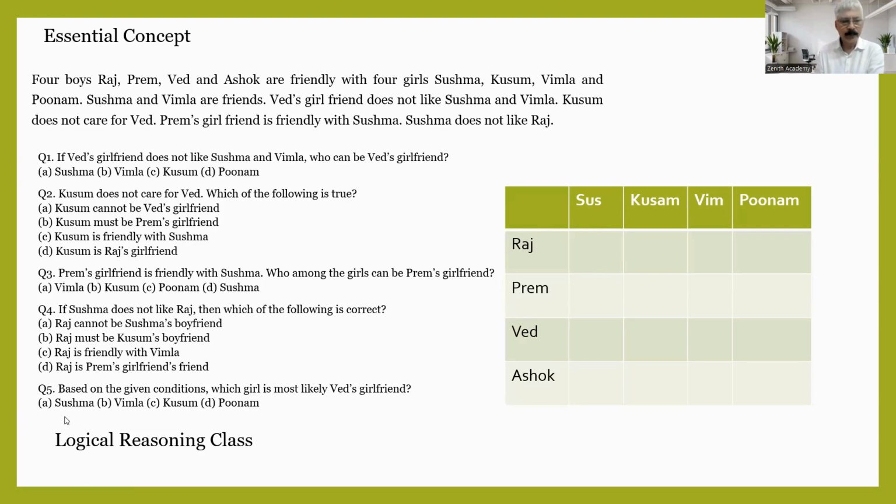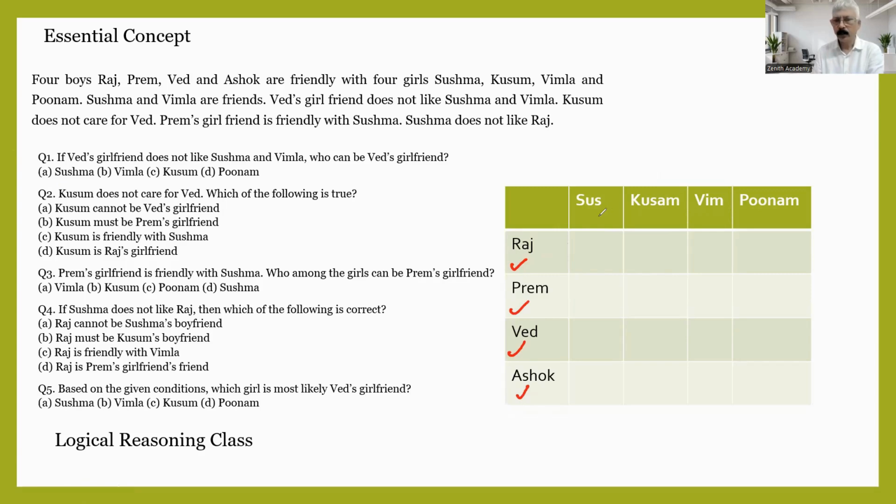So here I'm taking boys on the y-axis and girls on the x-axis. However, there is no hard and fast rule to keep boys on the x-axis or y-axis. You can do as you wish. Okay. So here, Raj, Prem, Ved and Ashok.